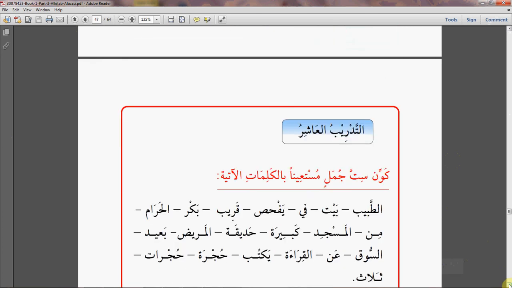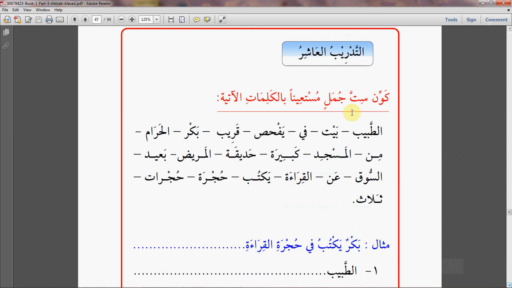التدريب العاشر, exercise 10. كون 6 جمل مستعينا بالكلمات الآتية, means make 6 useful sentences using these words.